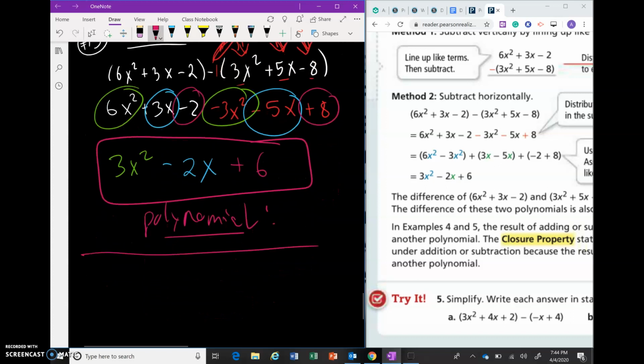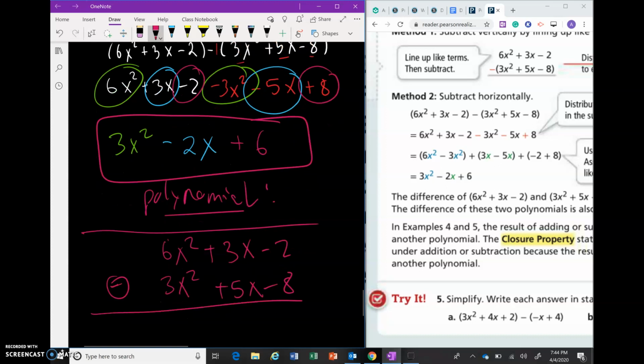They might want you to put it like this, 6x squared plus 3x minus 2 minus 3x squared plus 5x minus 8. But remember, guys, we did that when we were writing explicit equations for quadratics, and it's the same thing. You just kind of do it mentally. 6x squared minus 3x squared gives us 3x squared.